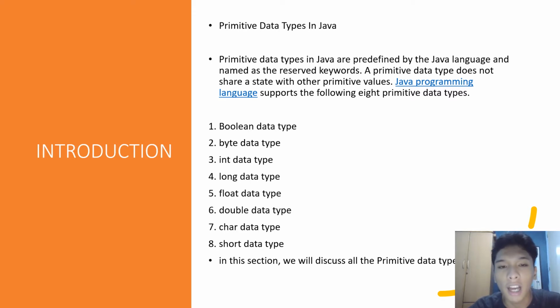The Java programming language supports the following 8 primitive data types: boolean, byte, int, long, float, double, char, and short. In this section, we will discuss all the primitive data types.